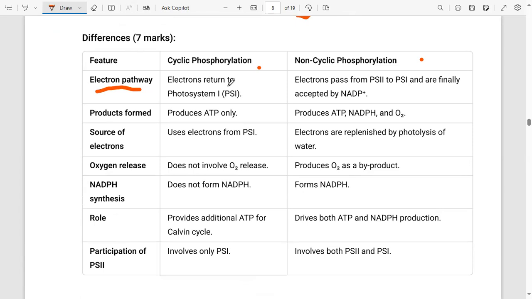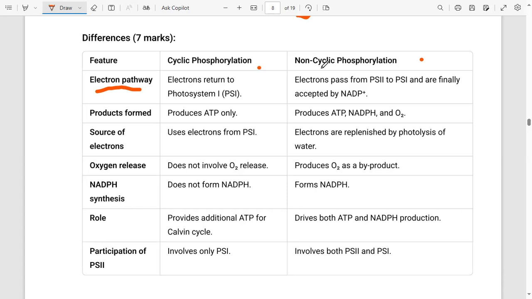Remember, in cyclic phosphorylation the electrons get excited from photosystem 1, then go into the electron transport chain, synthesize ATP there, and then come back to photosystem 1, or the PS1 system.